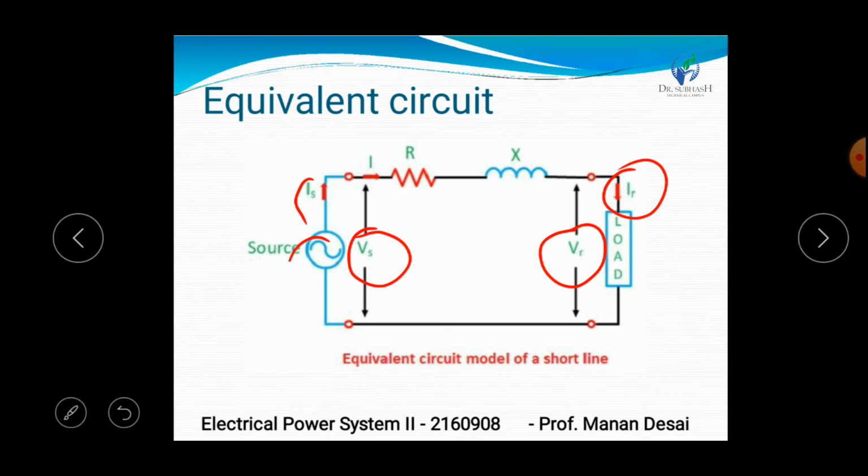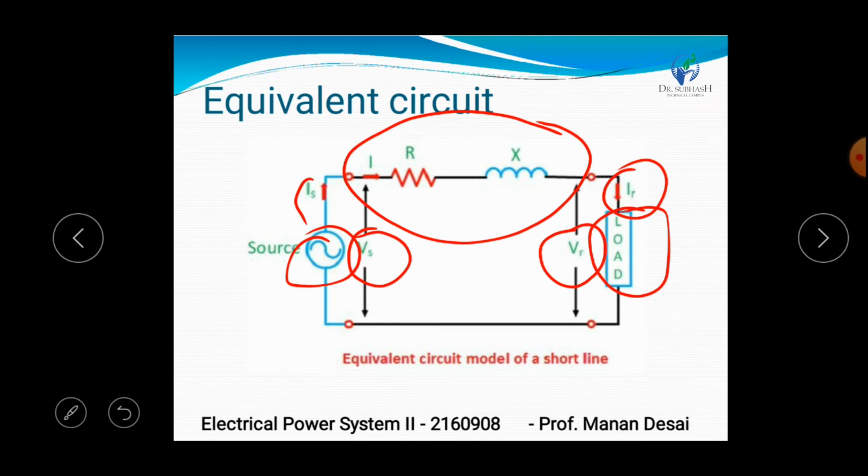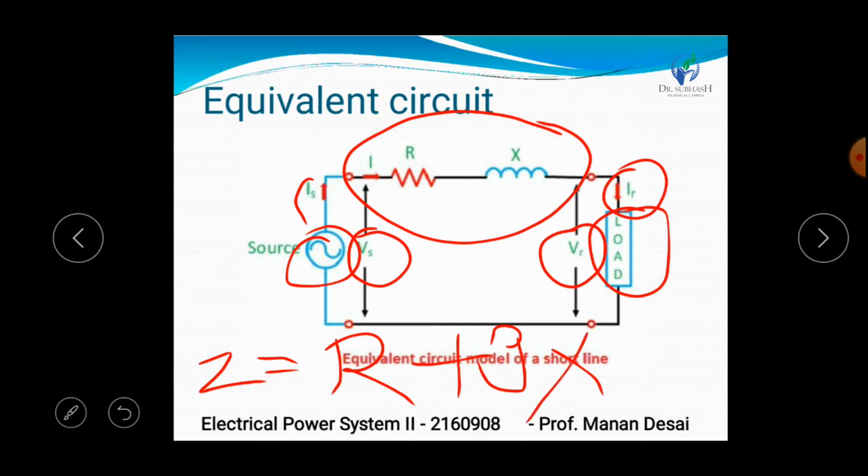There is a source and load, and the transmission line is connected with the two parameters R and X, and it is represented by Z equal to R plus jX. So it is impedance.